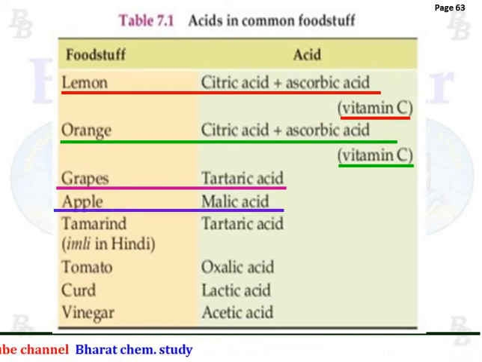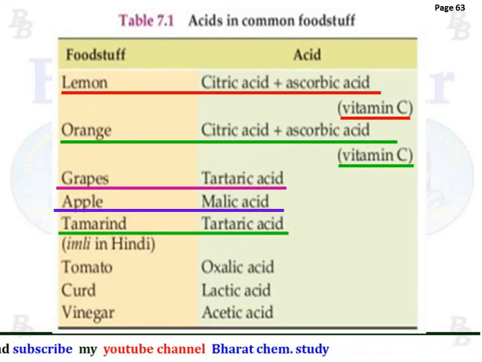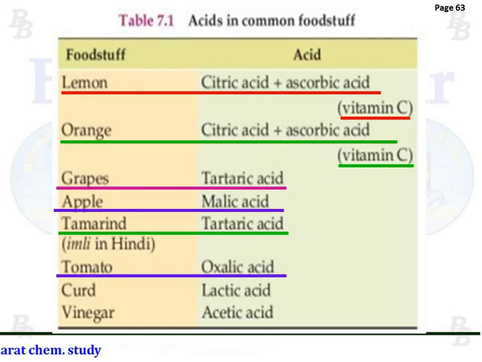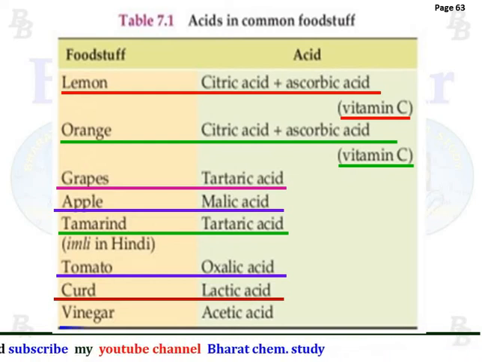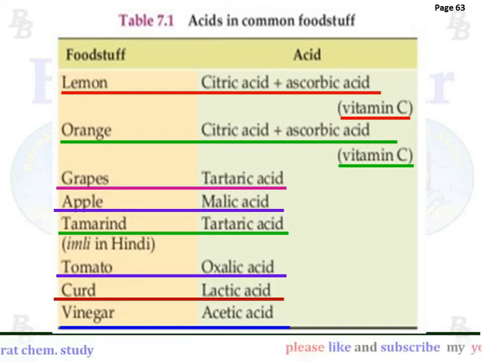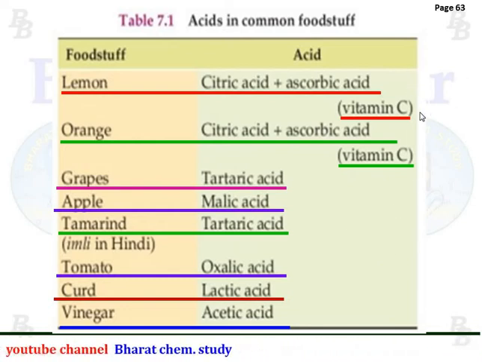Apple contains malic acid. Tamarind, which is called imli in Hindi, contains tartaric acid. Tomato contains oxalic acid. Curd contains lactic acid, and vinegar contains acetic acid. So these are common examples of foodstuffs which contain different types of acids.